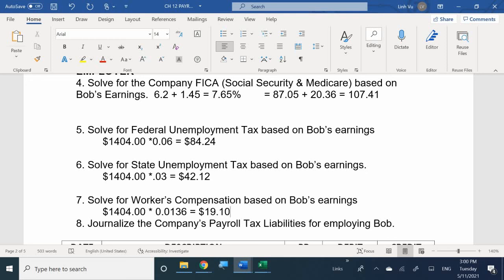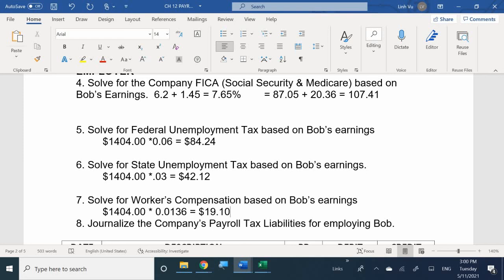That 1.36 is the number that we are using. That's what we said workers' compensation is going to be. It's just going to be 1.36%.